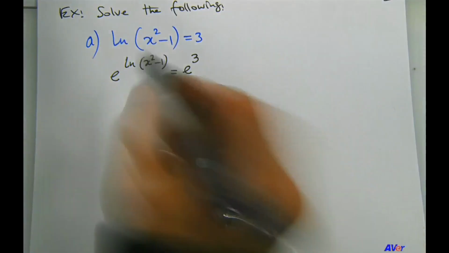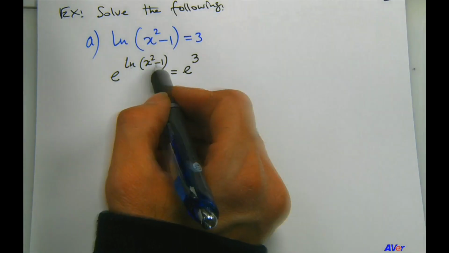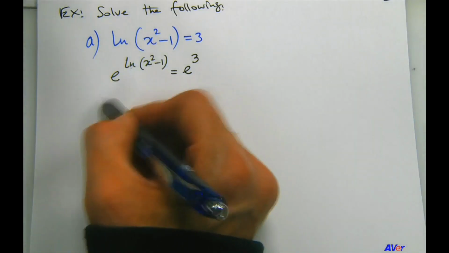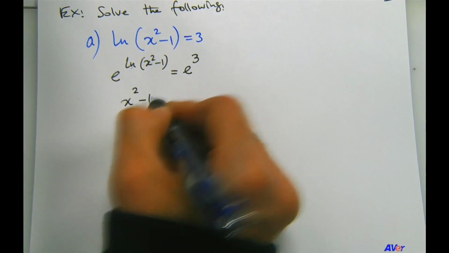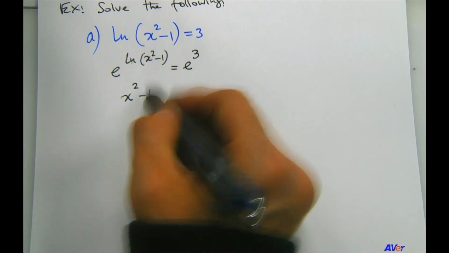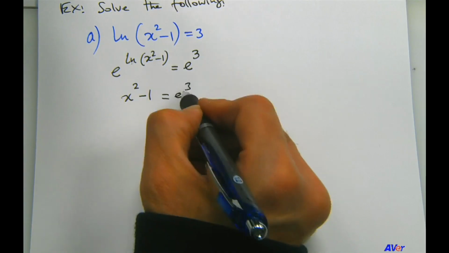Now we can apply that property that e raised to natural log of something is equal to that something without the natural log in front. So on the left, things simplify significantly. We have x squared minus 1, and then all of that equals e cubed.